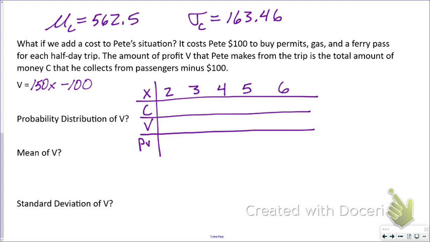We already talked about C. That's where we go 150 times each X. The new variable is profit, because he has to pay for this trip. So we lose $100 every time.